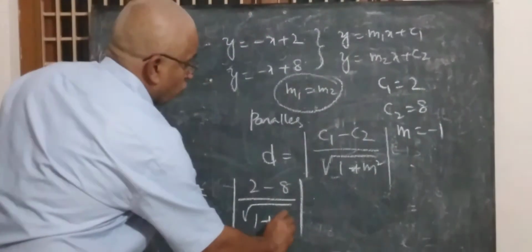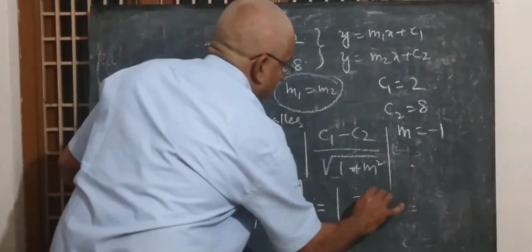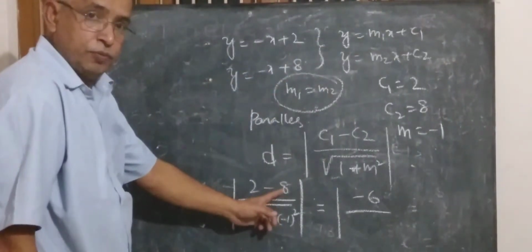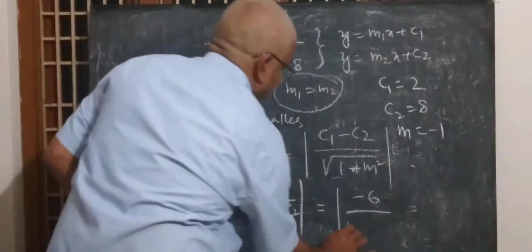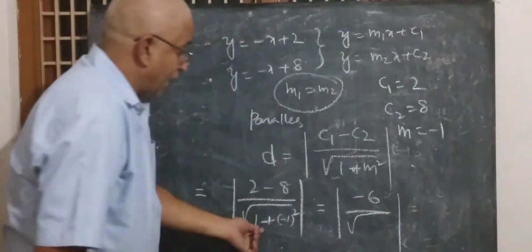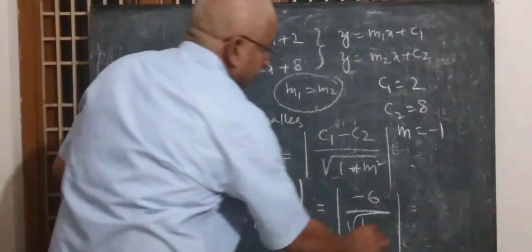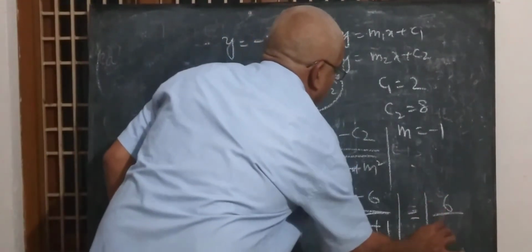Minus 1, so minus 1 whole square. That is equal to modulus of minus 6 by root over 1 plus 1. We do the subtraction, we get minus 6. Minus 1 whole square means plus 1. So what is the answer here? Modulus of 6 by root 2.